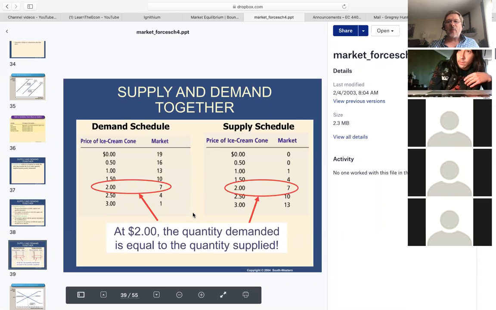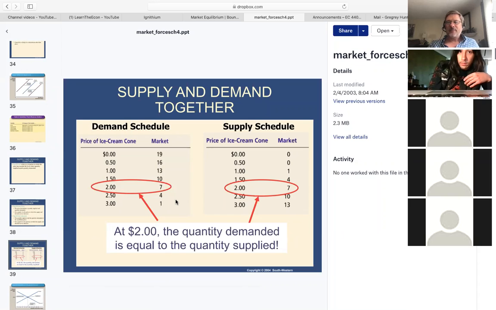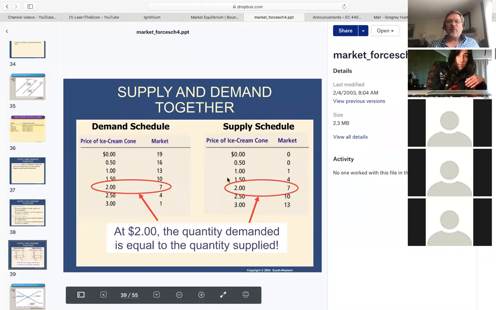I want to point out, though, that even though most of the time we're dealing with demand and supply curves, and we just look where X marks the spot, we can actually look at demand and supply represented as these supply schedules and these demand schedules.